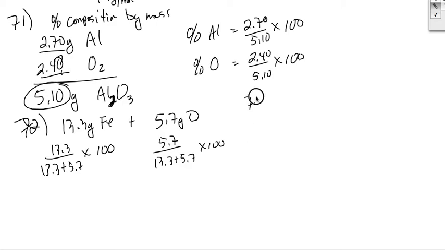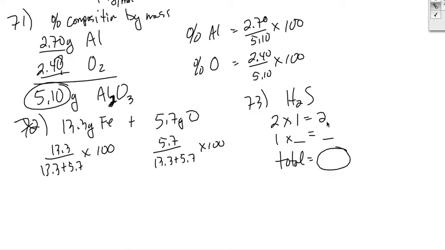Number 73 says calculate percent composition of each compound. So here we're going to do the entire problem. What we want to do is find out how much of this total compound is hydrogen, how much of it is sulfur. My molar mass of hydrogen is 2 times 1. For sulfur, you take 1 times the molar mass of sulfur, look it up, whatever that number is. You need your total, so you get the total of these two numbers.